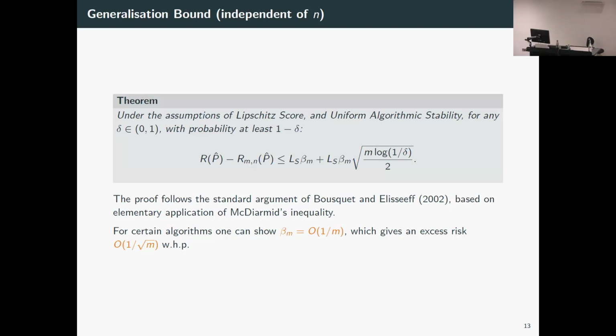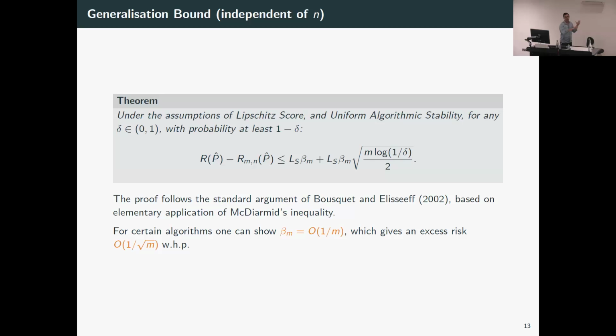The takeaway is, for many algorithms, you can show that beta_m scales as 1 over m. This gives you an excess risk where the right-hand side of this inequality is of order 1 over square root of m. So you get a generalization bound with the standard kind of behavior.